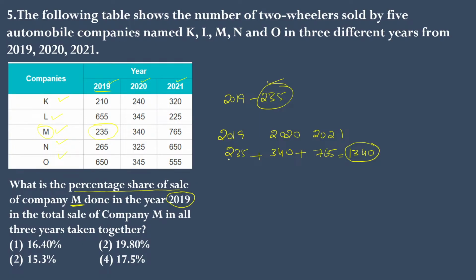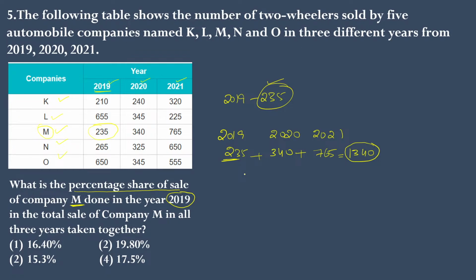In that we need to find what the 2019 share of 235 is out of total sales of company M in all the 3 years. So just see here what the formula is.